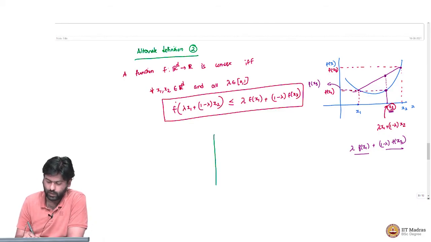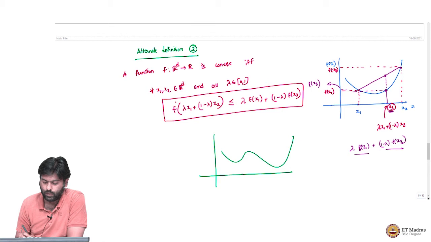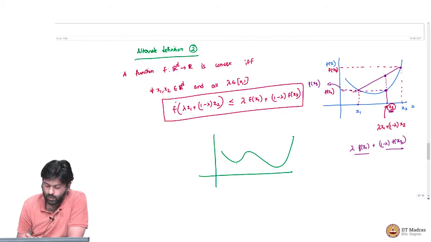Now, just to confirm, you might have a function of this form, which is like this, right. If I take 2 points and linearly interpolate, maybe this point is x1, this is x2, and maybe this is x3, right.